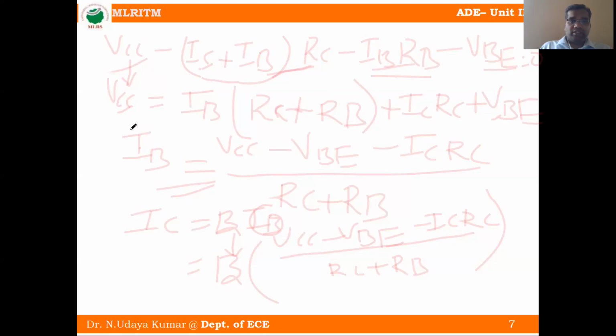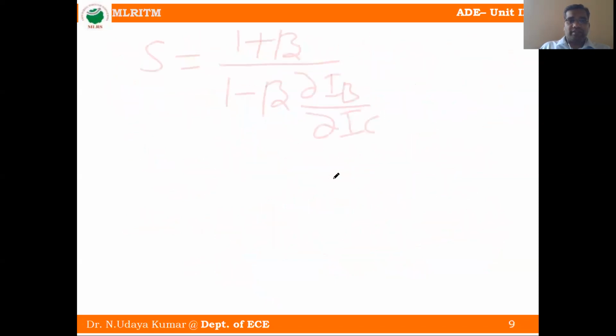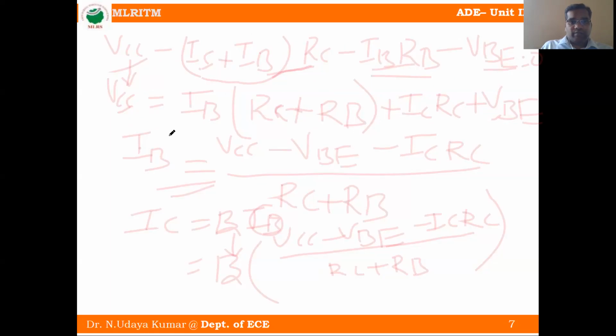I have to write this equation and derive the IB. IB is equal to VCC minus VBE minus ICRC by RC plus RB, as we calculated already. Same thing I have to write.